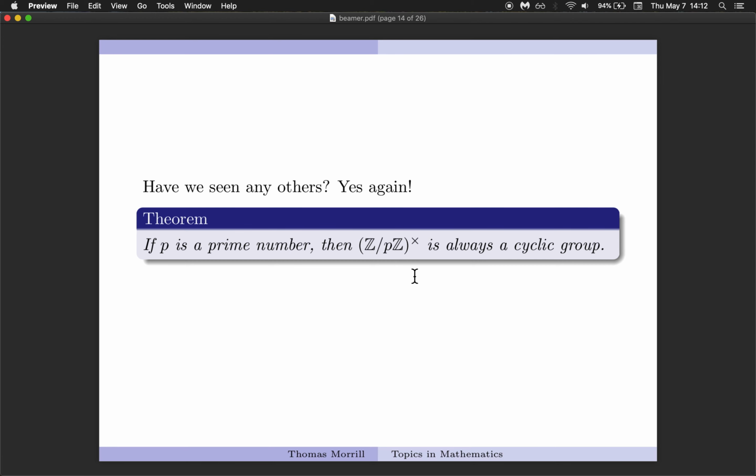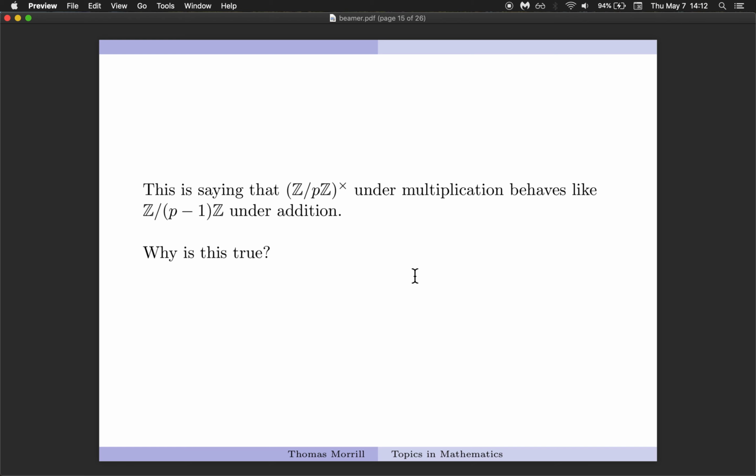My multiplicative group is always going to be cyclic. So if you think about this, what I'm saying is that to a group theorist, Z mod PZ times, under multiplication, that's a group, and Z mod (P minus 1)Z is also a group, under addition.